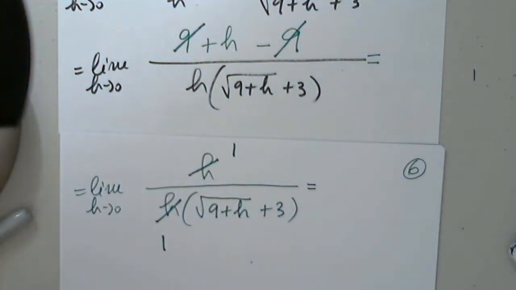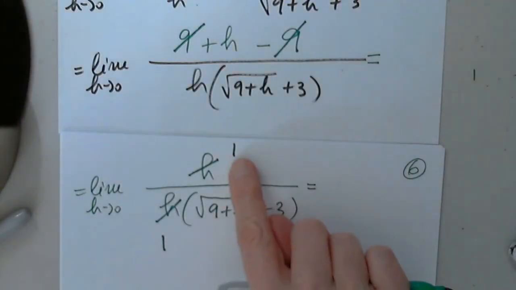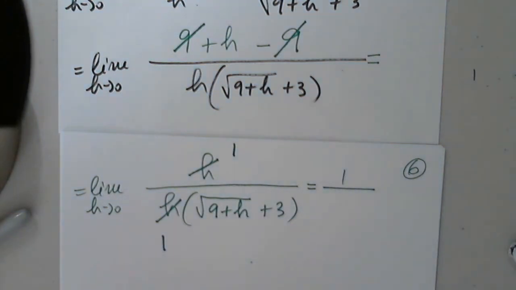What do I get? Zero over square root of 9 plus h plus 3. 1. Very good. Over. Careful.